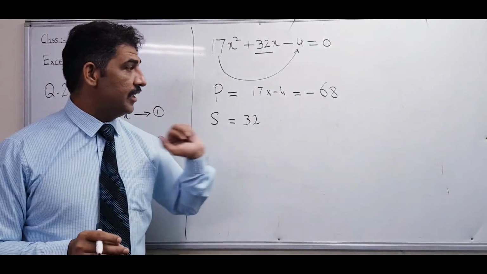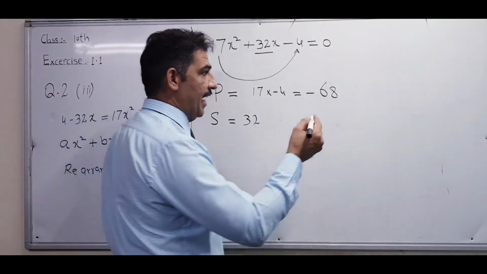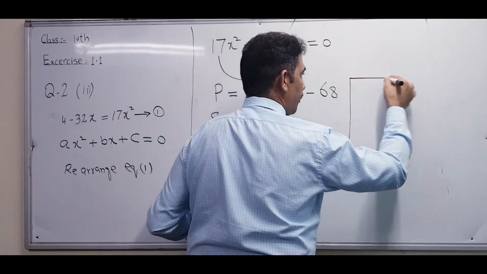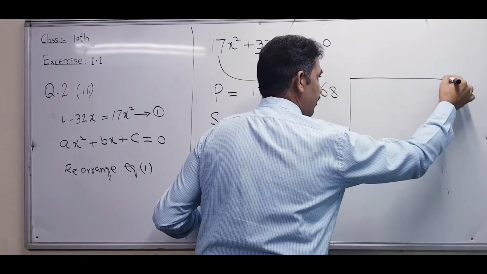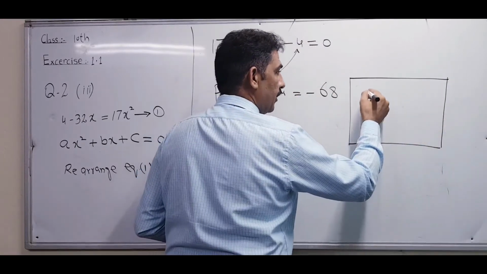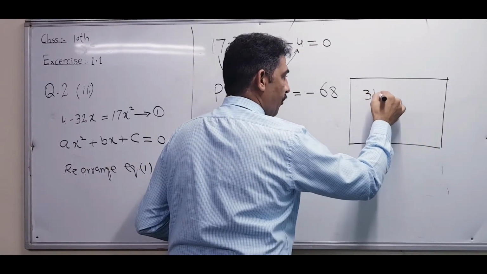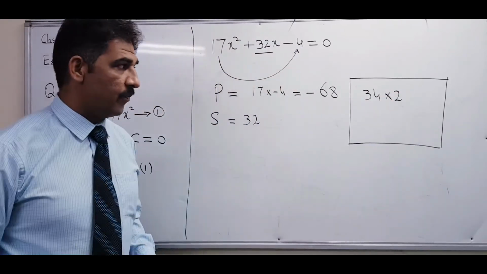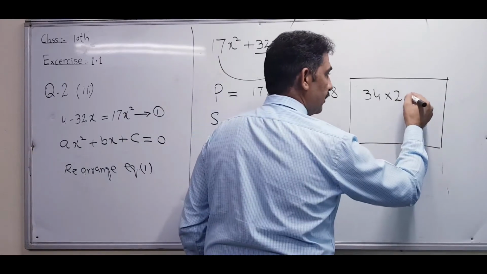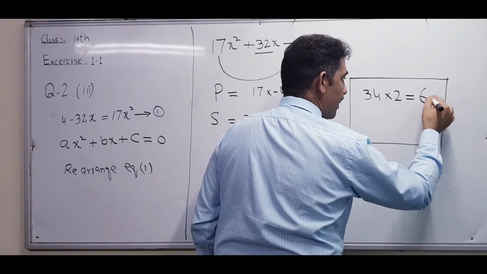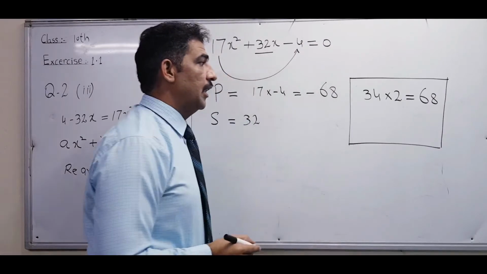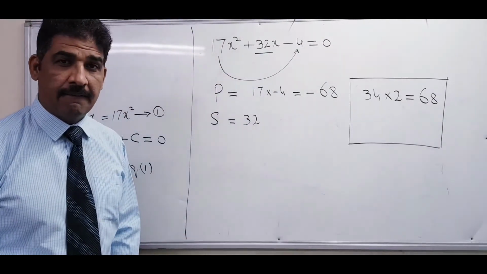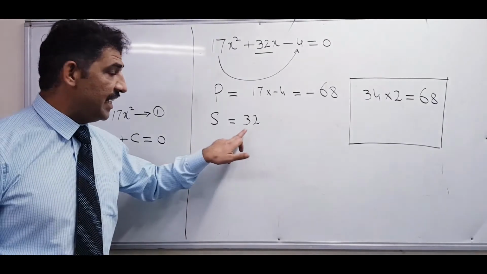We need this. So if I make the factors like that, check it here. I will make the factors for the product and then change the term. 34 multiplied by 2. What do we get as the answer? That is 68. 2 4s are 8 and 2 3s are 6. But our product is negative and we need 32.